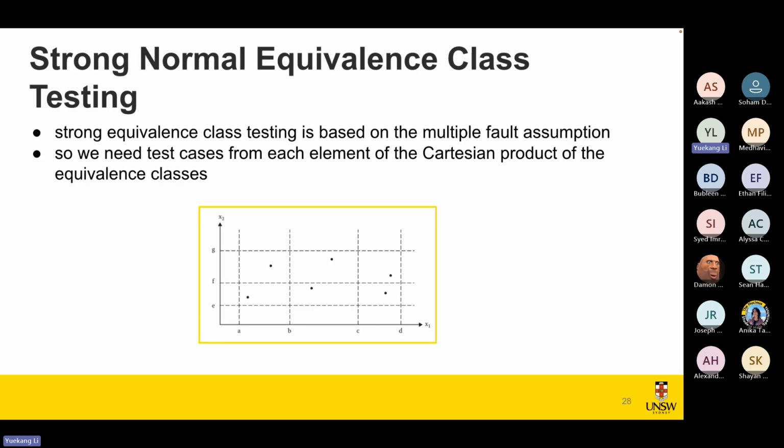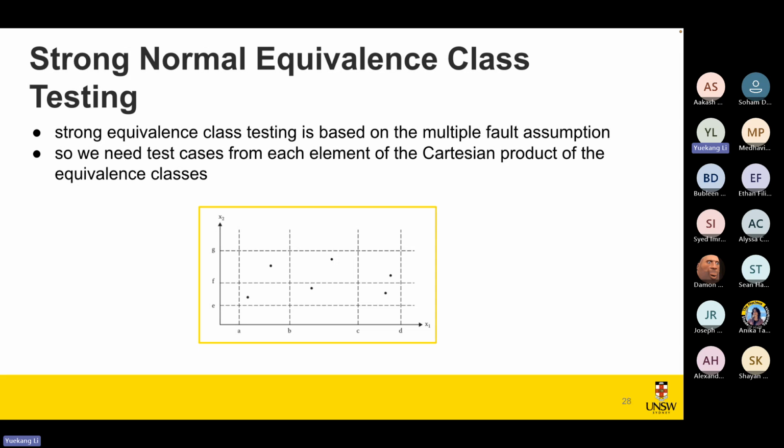So now let's move forward. Let's change the keyword weak to strong. Strong means that we are removing the single fault assumption, which means we need to test different combinations of equivalence classes.